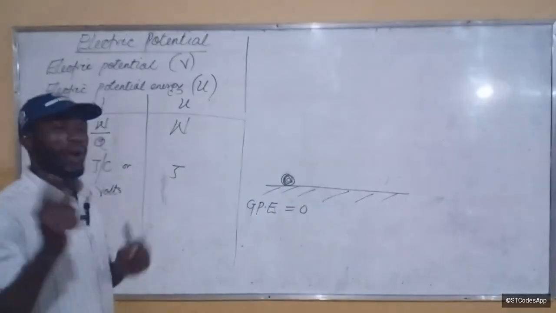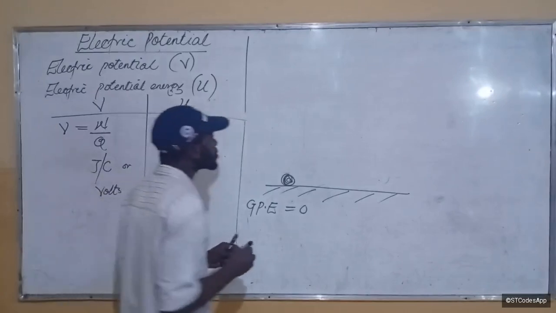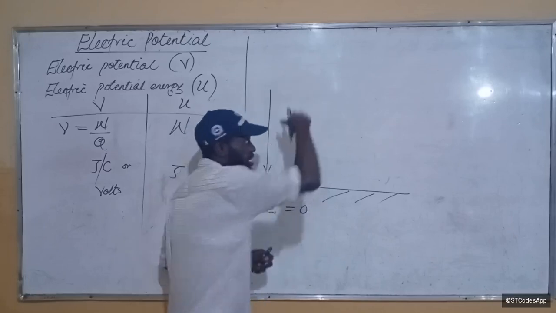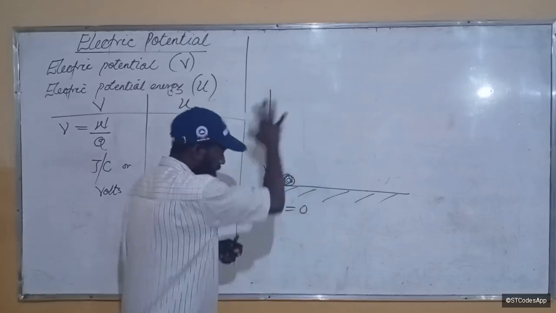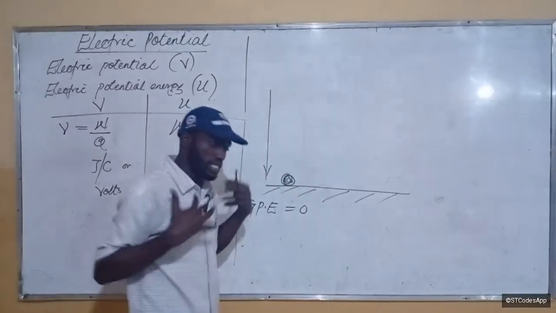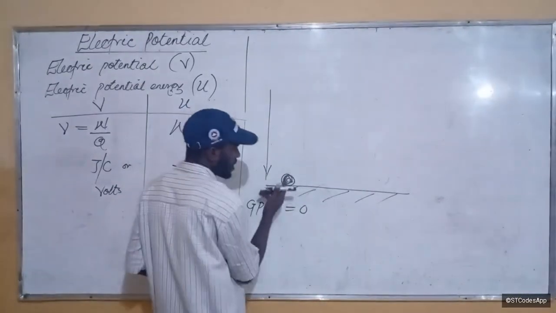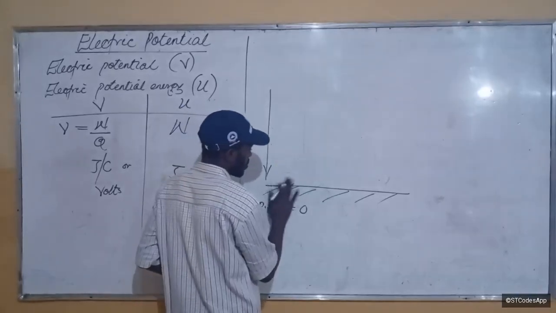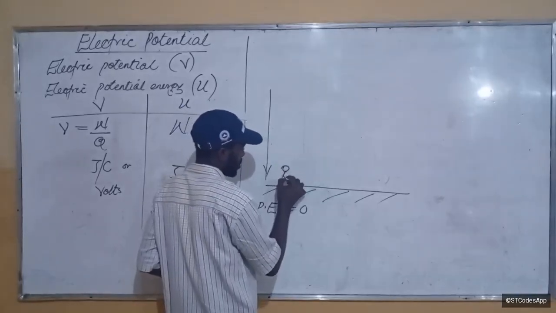Why is it zero? Because of the work done on this body by the field. This is the ground I'm standing on. So let's say this is me, for example. Let's draw me.